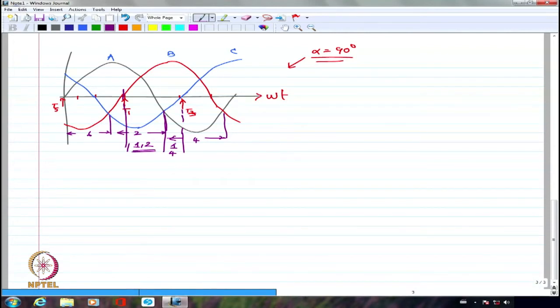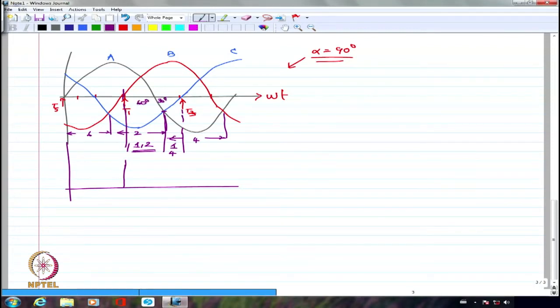Right? So if I try to draw the waveform, for this I have to draw 1 and 2, and please note this is the 0 crossing of VAC. Here A and C are crossing with each other, because of which VAC will be 0 at this point. Right? And it is starting to conduct here. And how much is the duration? This is 60 degrees and this is 30 degrees.